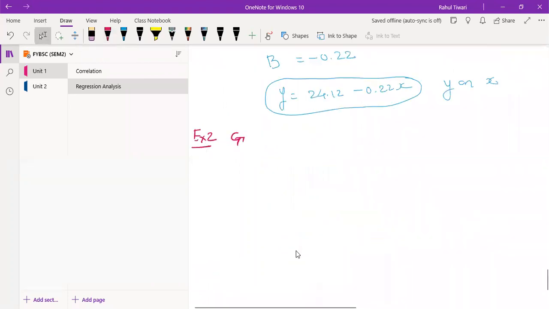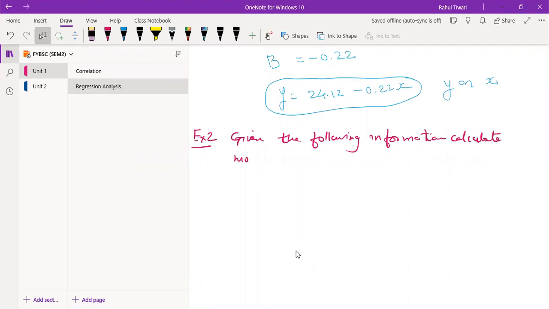Given the following information, calculate the most likely value of y when x is equal to 10. देखो भी, मैंने different में पूछा हुआ है.